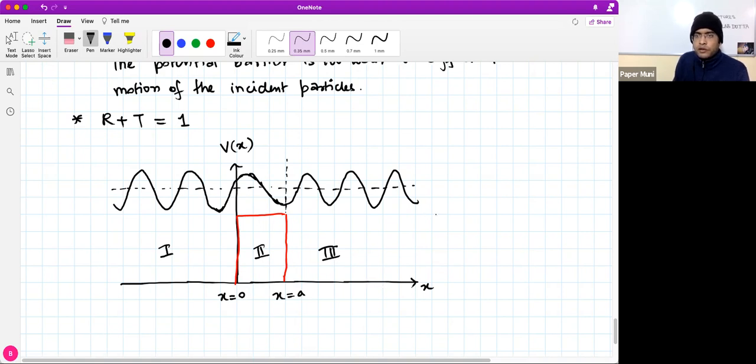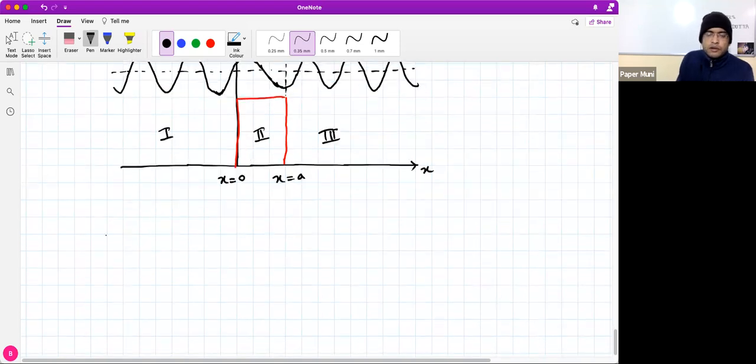Lambda 1 is equal to lambda 3, which we have already discussed, and lambda 2 is greater than both lambda 1 and lambda 3.